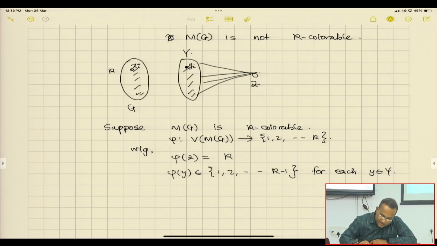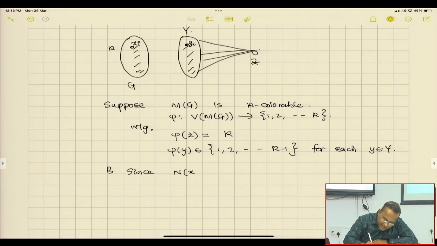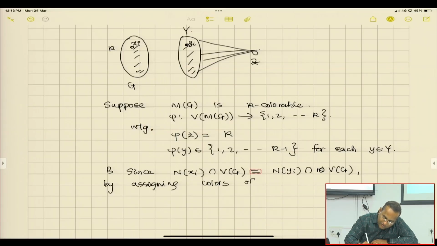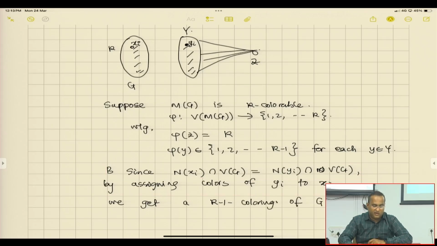Then what will happen? Since the neighbors of xi intersection vertices of G are the same as the neighbors of yi intersection vertices of G, by assigning colors of yi to xi, we get a k minus 1 coloring of G.